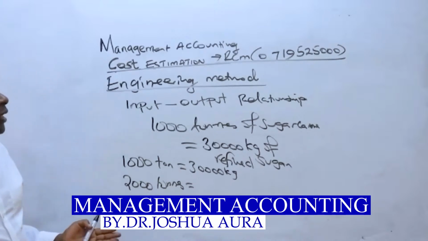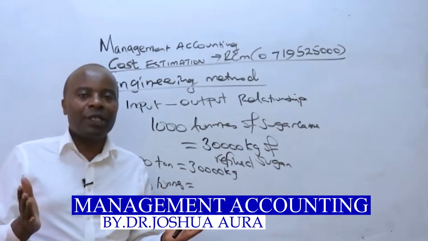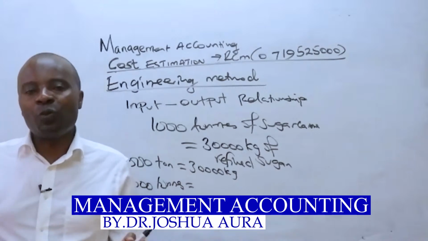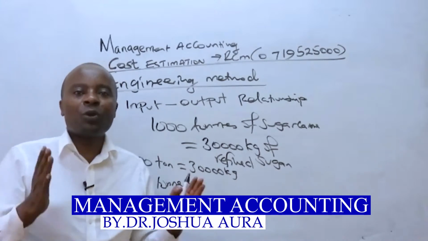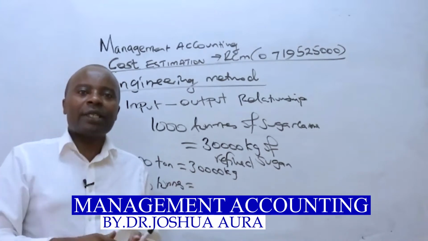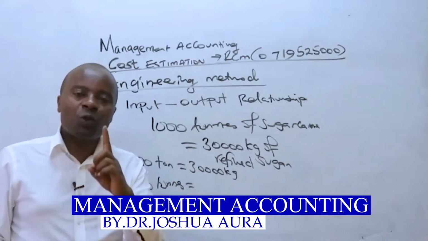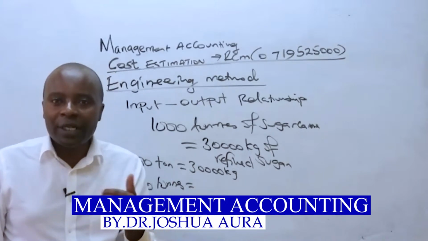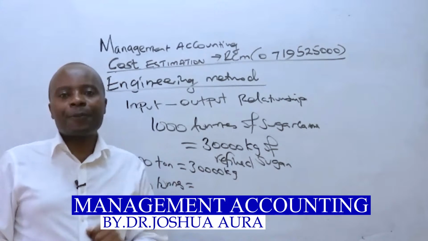It's called the engineering method. If somebody asks you a 2-mark question on the engineering method, what you're supposed to tell us, number one, is that the method is very useful in situations where we do not have a history of our costs.